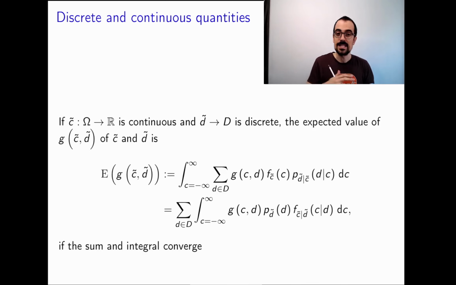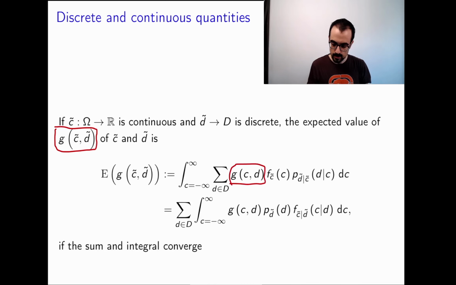Okay, so what if we have a mixture of discrete and continuous quantities, which often happens in probabilistic modeling? Then by the same arguments we were using before, if we're interested in a function of these two random variables, C and D, we're going to take that function and weight it by the joint distribution, where we take the marginal PDF of the continuous random variable times the conditional PMF of the discrete random variable, or the other way around.